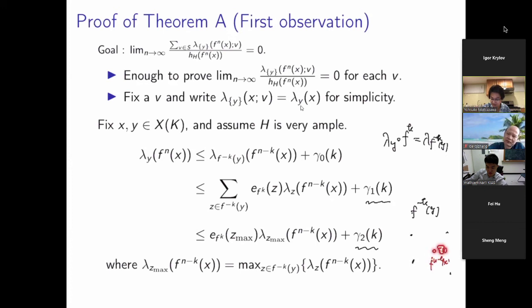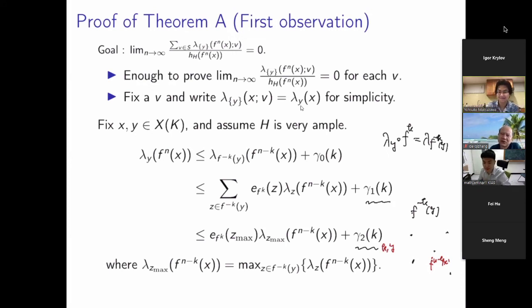The other points are far away from this z max, but the distance between these points only depends on k and y. So strictly speaking, this gamma 2 depends on k and y, but that doesn't depend on n. So there are some points that we have to be careful about depending on n.